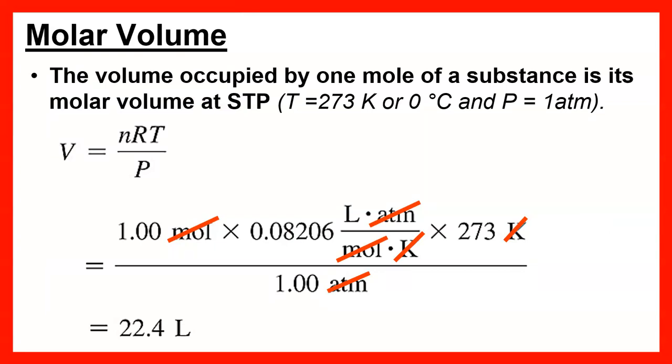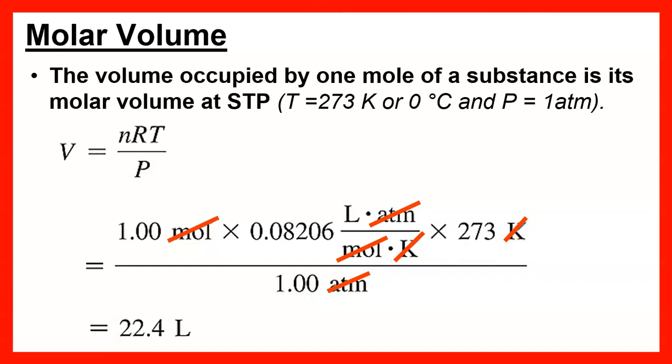So here's what I was talking about, where you can see if you rearrange your ideal gas law equation to solve for volume, moles times your gas constant, make sure you pick the right one, times your temperature in Kelvin, make sure, please, I'm begging you, get good at making sure you're in Kelvins, divided by your pressure.